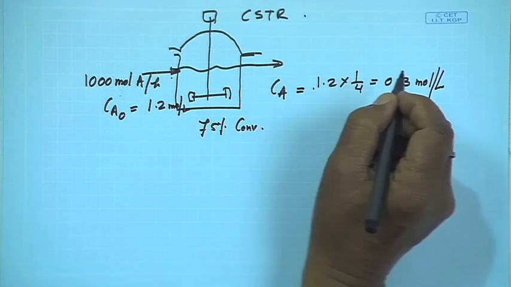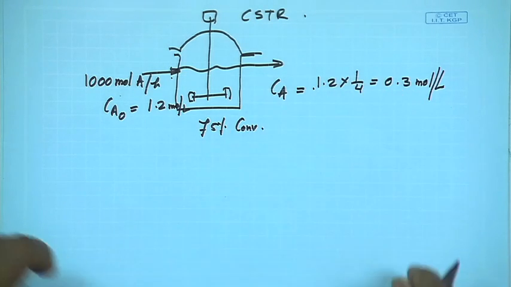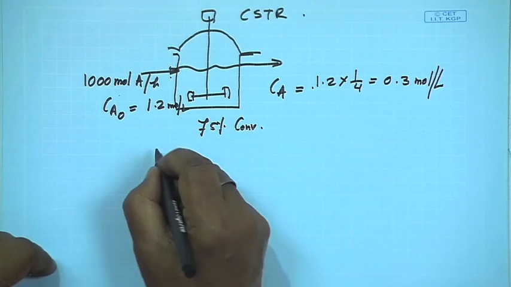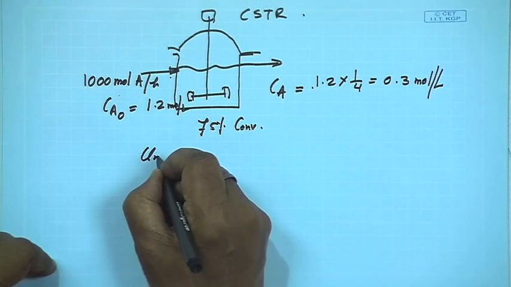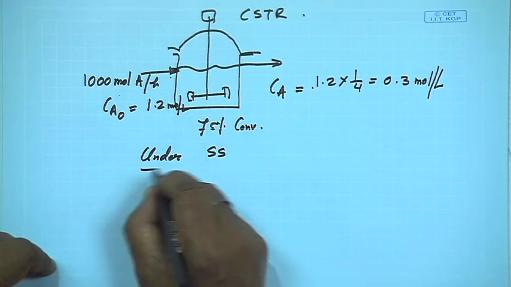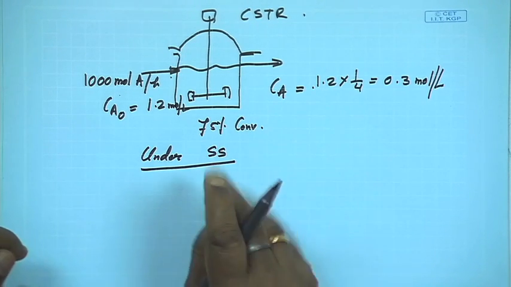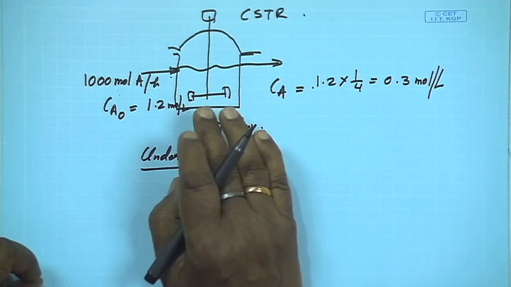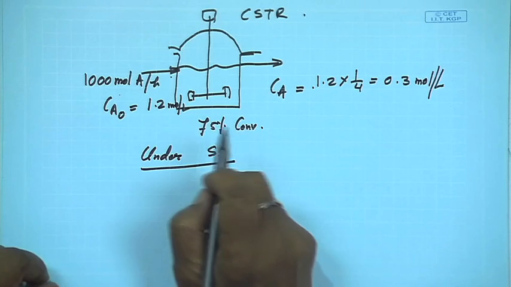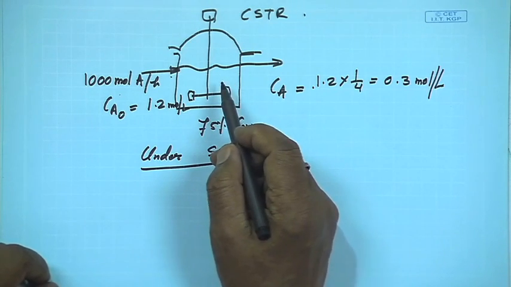Okay. So, here the situation is very simple, and under steady state condition, what is the steady state condition? Because I told you in a continuous system, it is possible to attain the steady state. How do you arrive at the steady state condition?